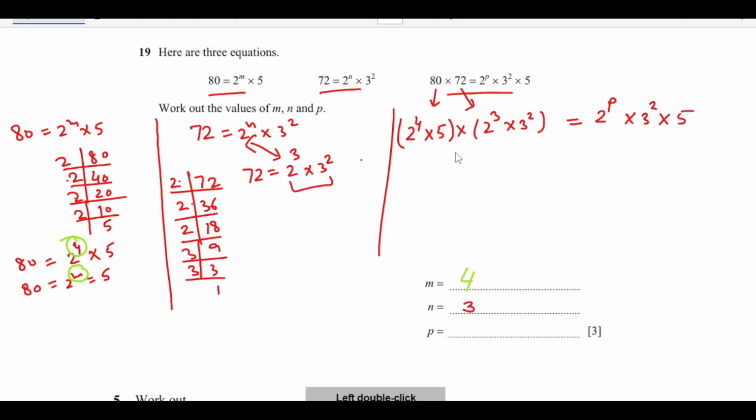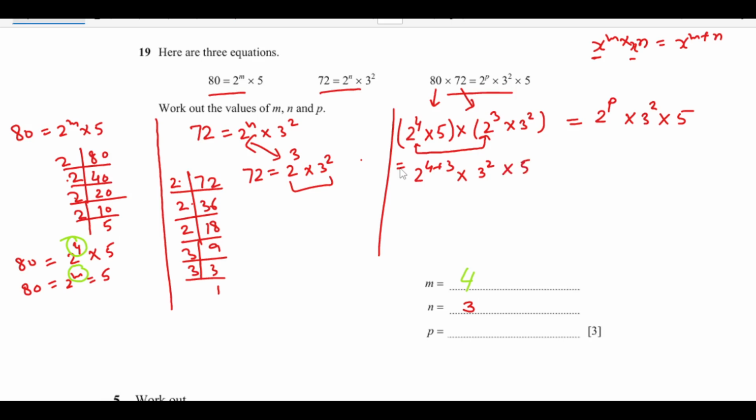So I will just rearrange this. As you know, we have the formula x power m times x power n will be x power m plus n, meaning if the base is same we add the powers. So 2 power 4 plus 3 into 3 squared and then times 5.